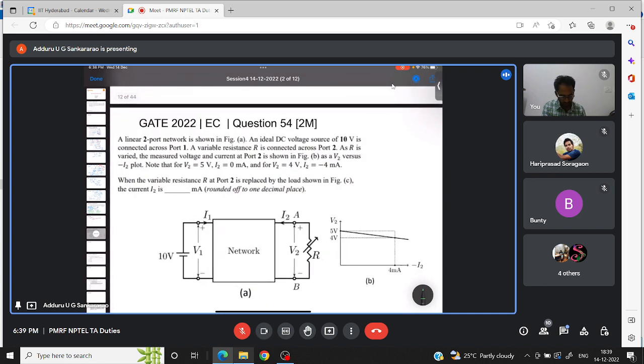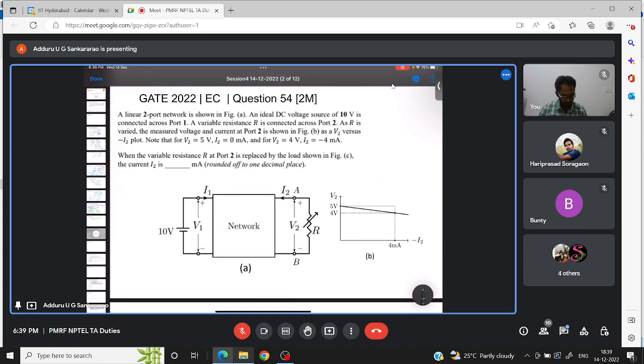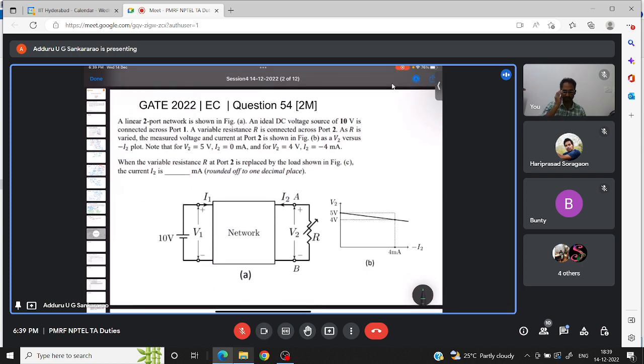This is also asked by, I think, Bunty. This question was given in GATE 2022 ECE for 2 marks.